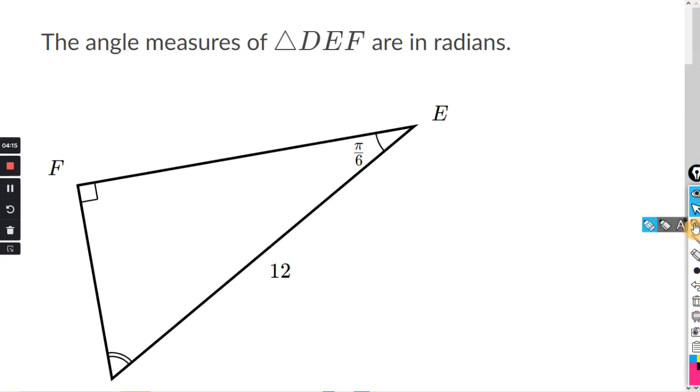Let's look at the first one. I can't do these with radians, so I always convert it. Pi over 6 is 180 over 6, which is 30 degrees. Let me erase this here. If this is 30 and this is 90, then this is going to be 60. We basically want to construct an equilateral triangle with all 60-degree angles, so I'm going to draw another triangle right here that's the same as this.